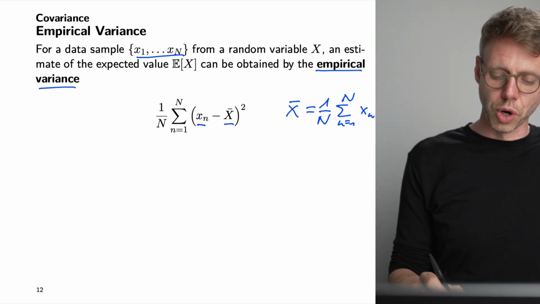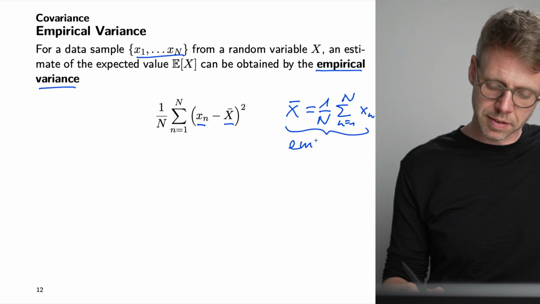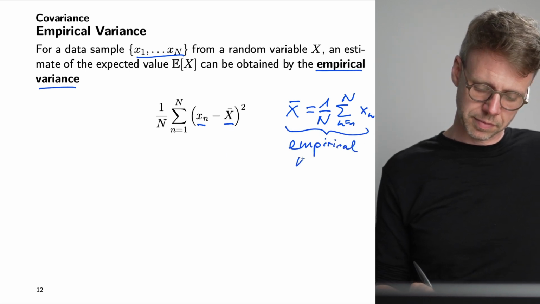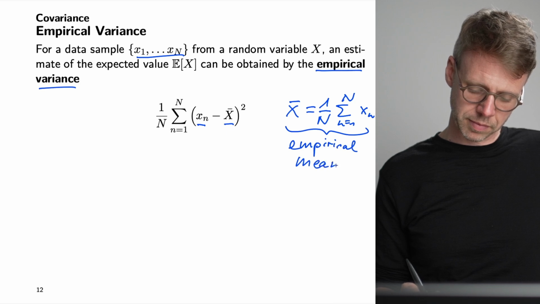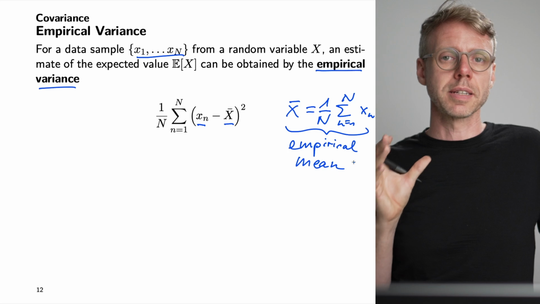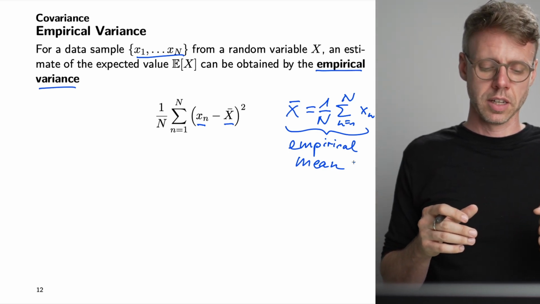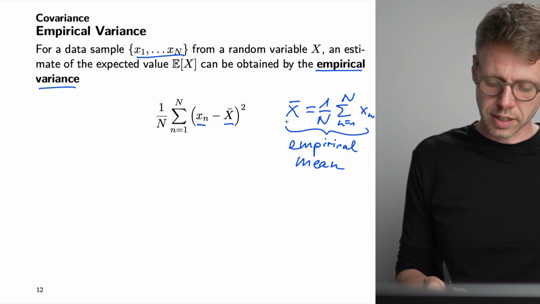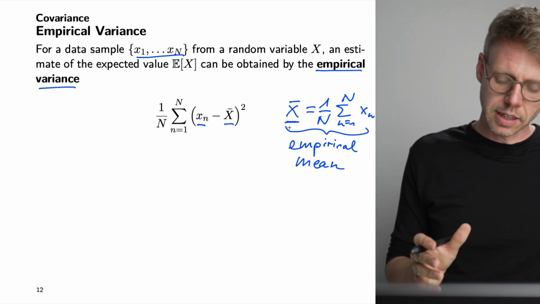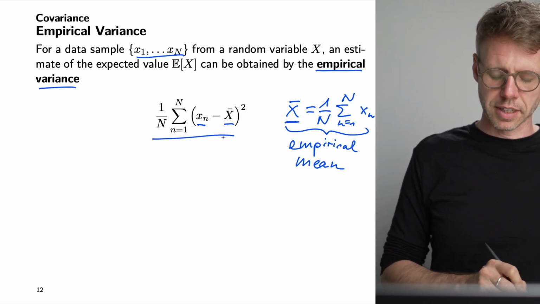Now, note that x bar is the empirical mean, which itself is an estimate for the unknown expected value of x. So we are using an estimate of the expected value in an estimate of the variance.